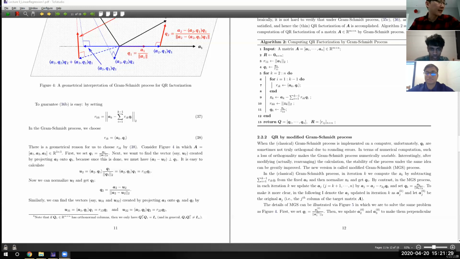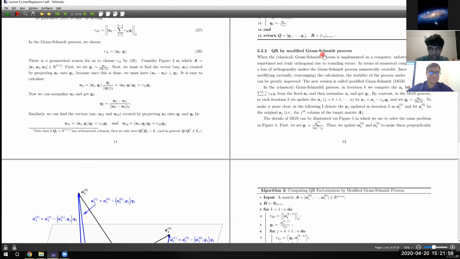The reason is because Dr. Golub, the first author of this book, is the one who invented Householder, in 1965. So of course, for him, this is easier, and he introduced Householder in the beginning. All other books that I've known so far use the Gram-Schmidt process first, then introduce Householder and Givens.